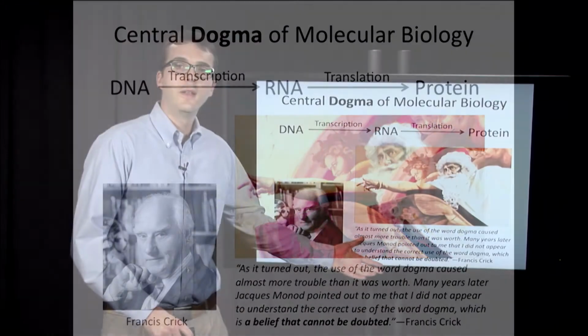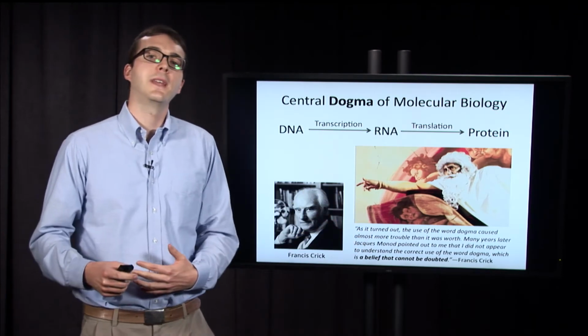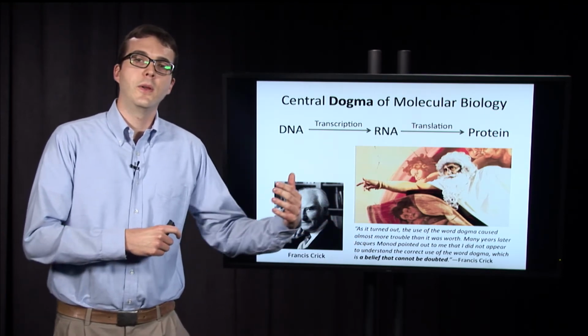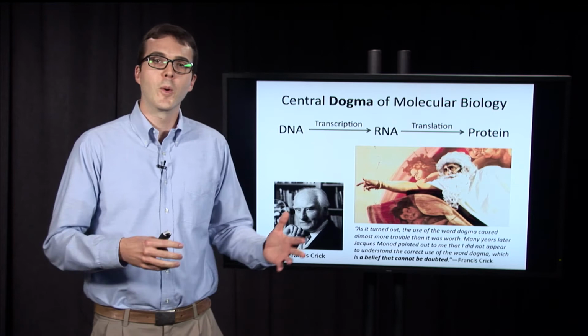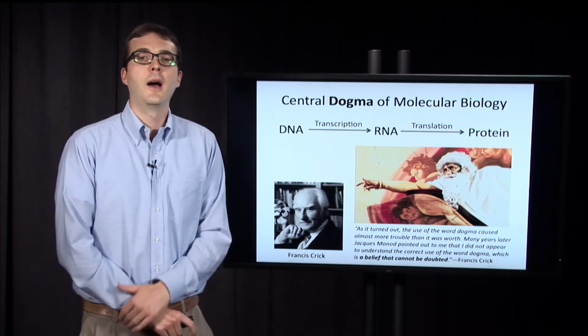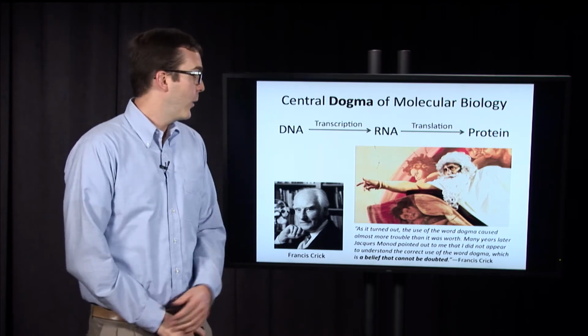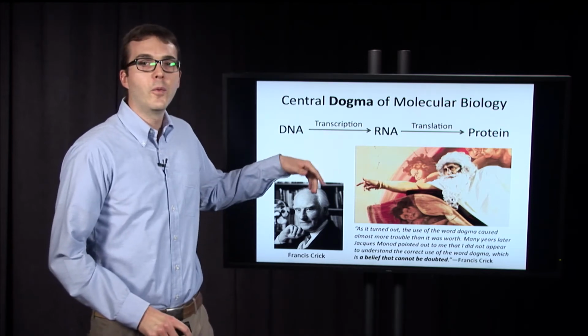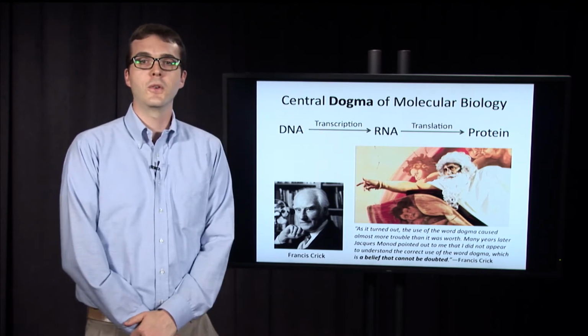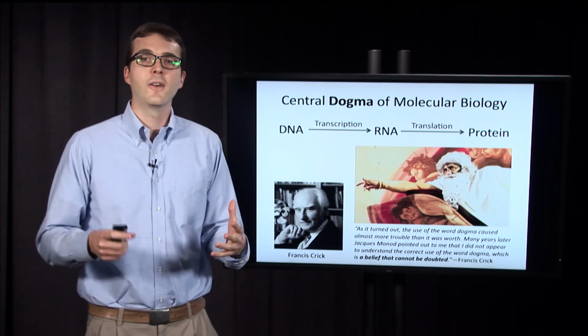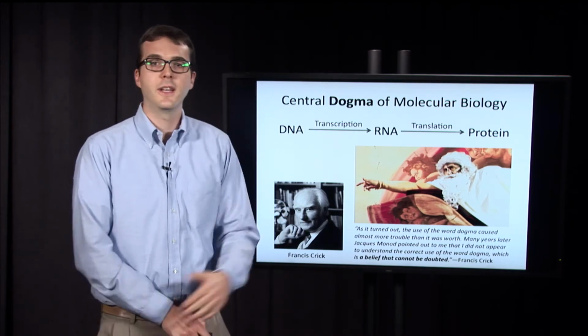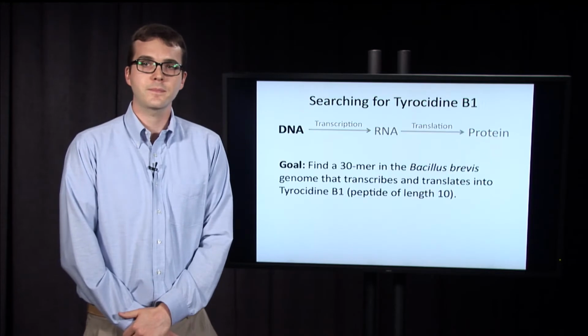And Crick admitted years later that he had made a mistake. He realized that he should have used a synonym that was more appropriate, like principle, but he used the wrong word, and now it's something that we're stuck with. And we should have a hint that because we've used this strange word dogma, there may be some irony there, right? Maybe this dogma doesn't necessarily hold all the time.